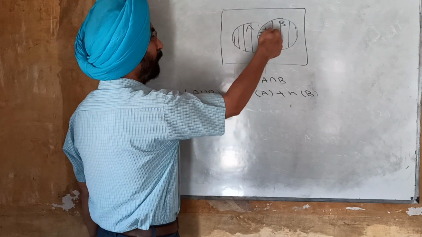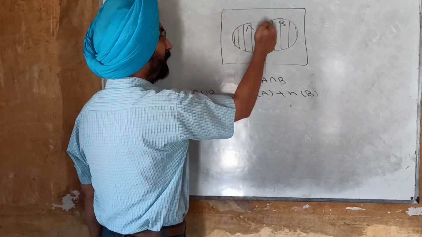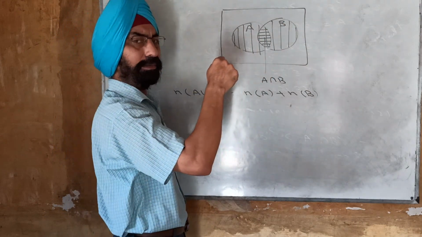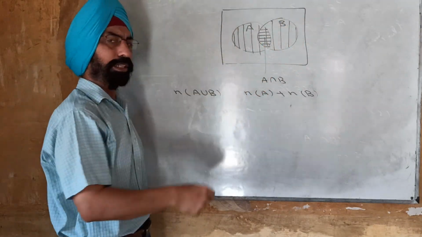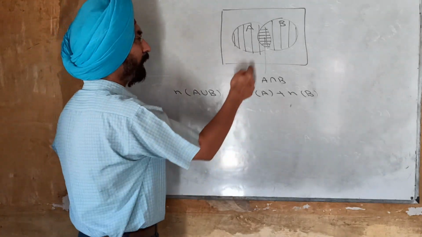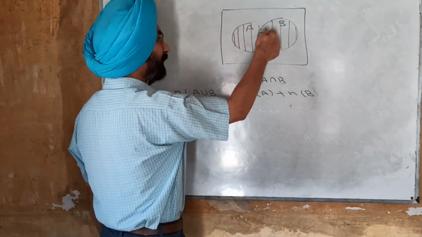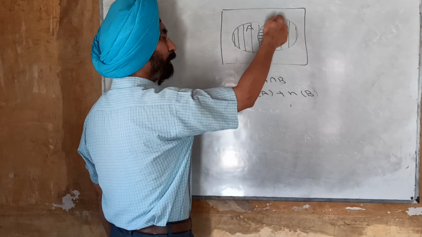This is your number of elements in A, this is your number of elements in B, and the whole portion is the number of elements in A union B.